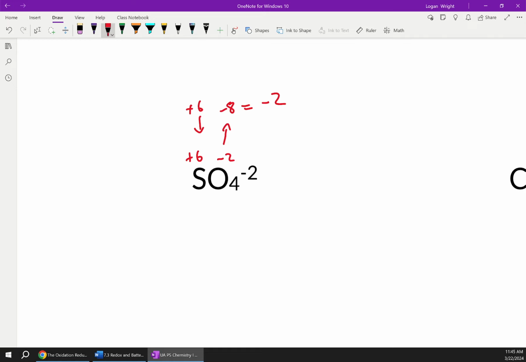Because we know that oxygen is always -2, and we use that knowledge to math our way to knowing what sulfur must be. So does that mean that we should look at the periodic table? Only look at the periodic table if you have ions. If it is ionic, the periodic table tells you the answer. If it's covalent, you got to go another route.